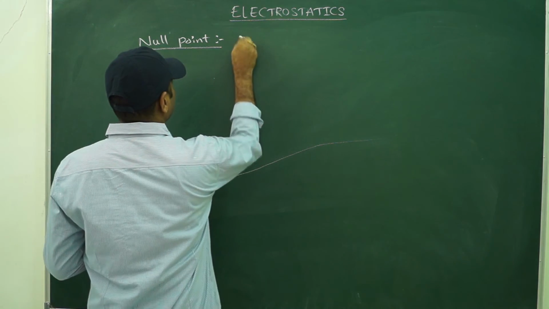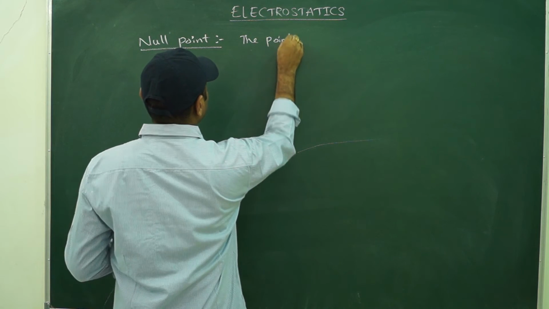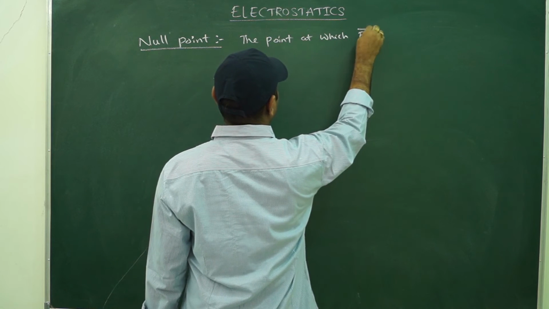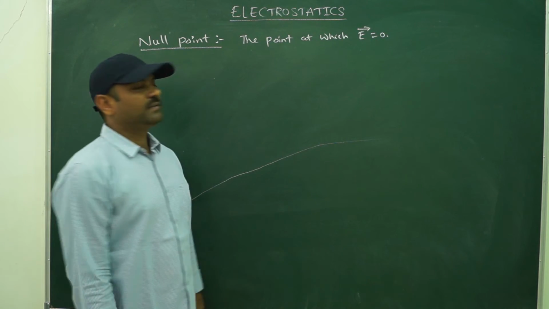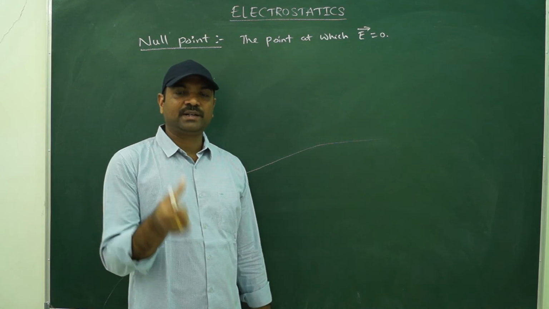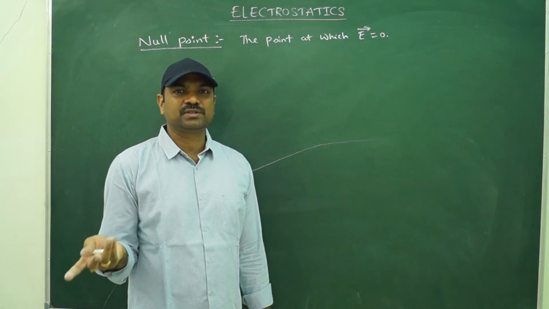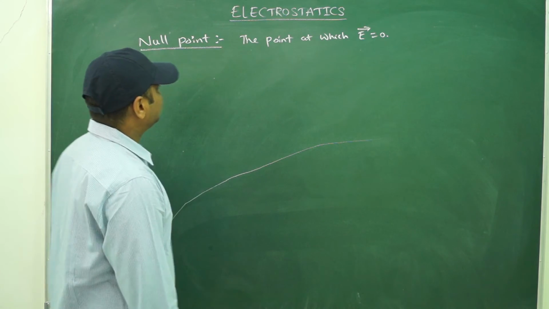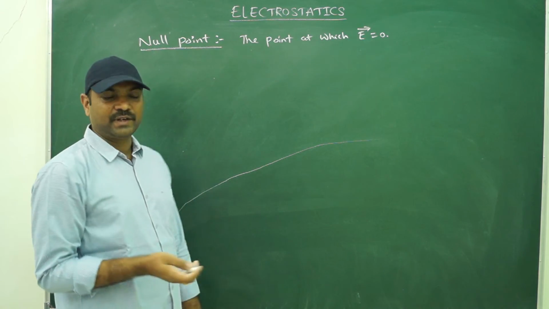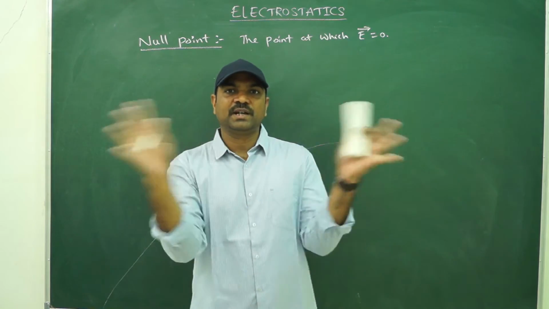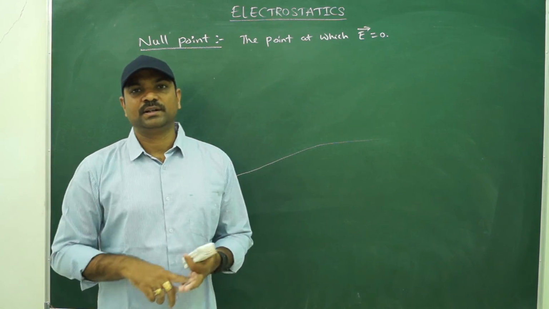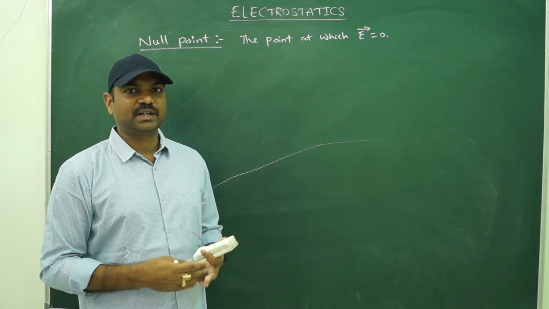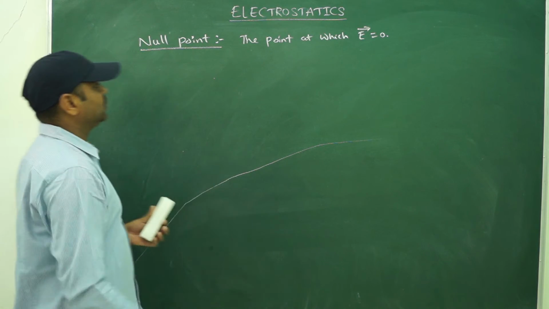Null point means the point at which electric field is zero. Wherever you find the electric field magnitude is zero, obviously the electric field vector is also zero at that place. So that point we call the null point. Now we see how these null points can be identified. Sometimes they'll give you some charges and ask you the position of the point where the electrostatic field is zero. So that I am going to explain now.